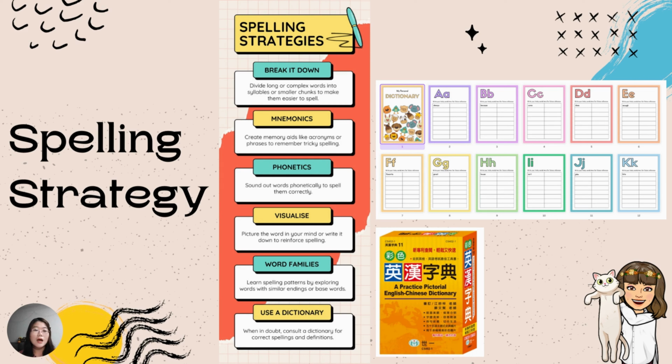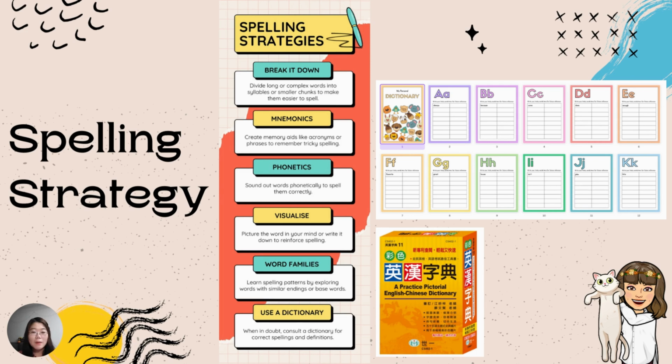Mnemonics means creating memory aids, which can help them look at the word and also memorize it. And the third one is phonemics. It means sounding out the word. Okay, for example, mistake. They have to sound out the word.